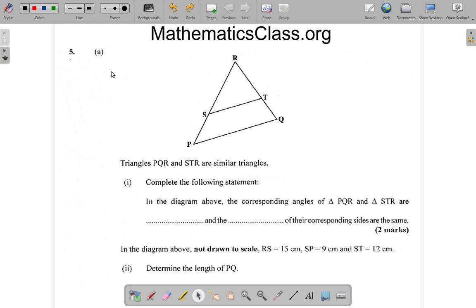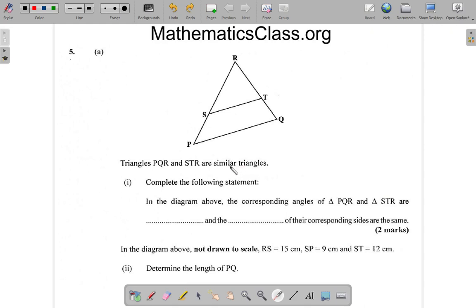We're at question 5 on the January 2017 CSEC paper. Let's look at question 5a. Triangle PQR and STR are similar triangles.